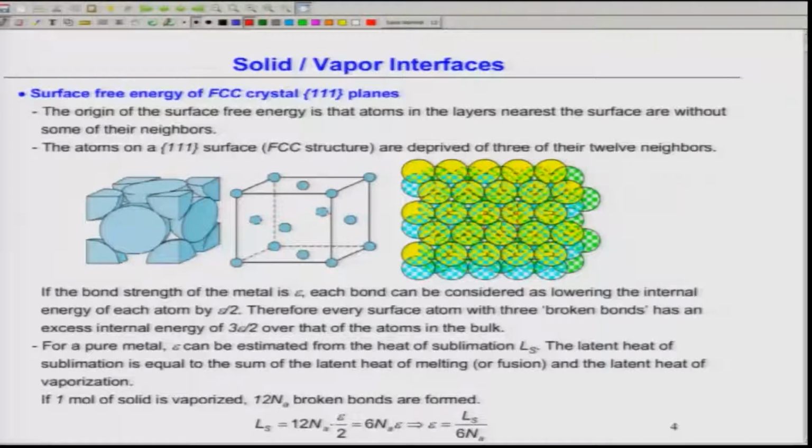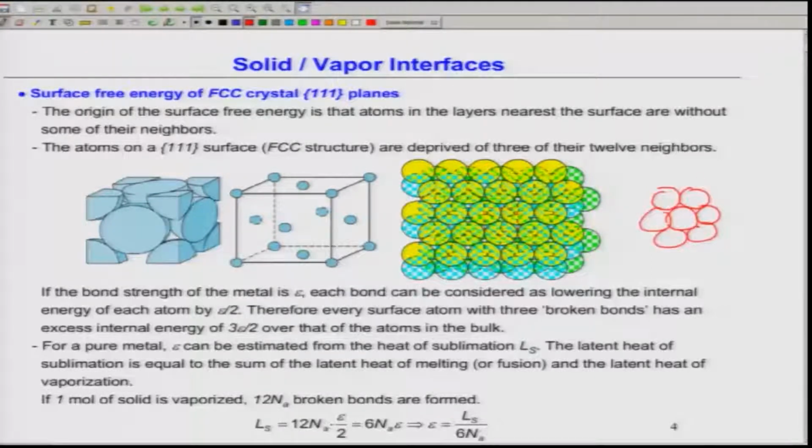And we know that the 111 plane in an FCC structure has 12 coordinated atoms, all atoms are 12 coordinated. So, if you consider a surface of that, as drawn here, if I draw a simple one layer, one atom is surrounded by 6 atoms, correct, we can do that.